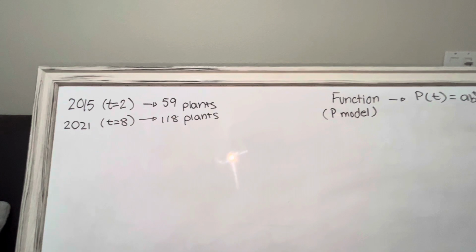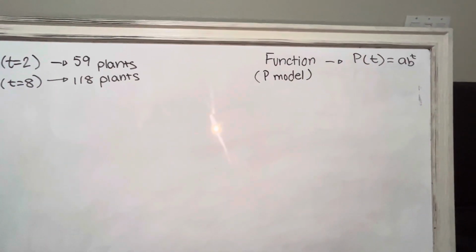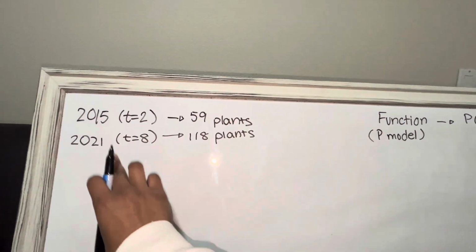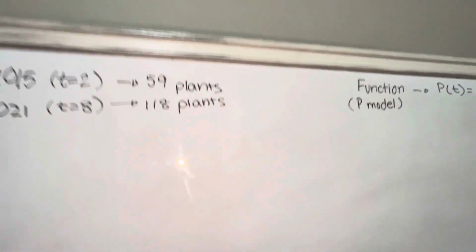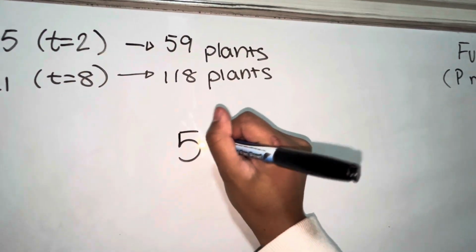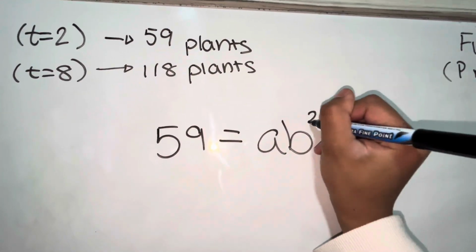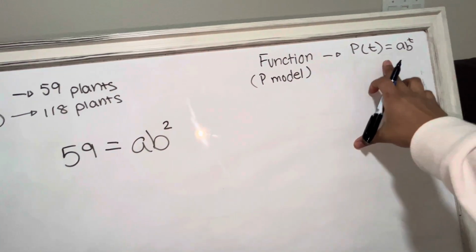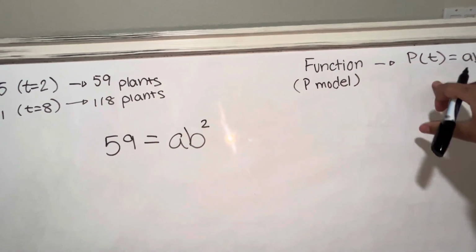That way we can try to find the values for a and b as decimal approximations. Okay, so for the first one, for 2015, t equals 2 and p of t equals 59. So we're going to put 59 equals a times b to the power of 2.